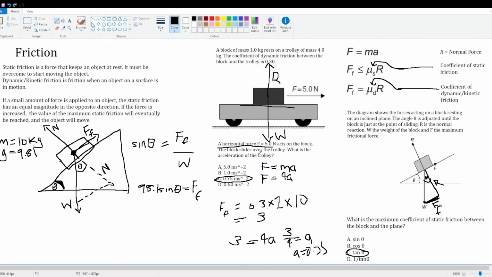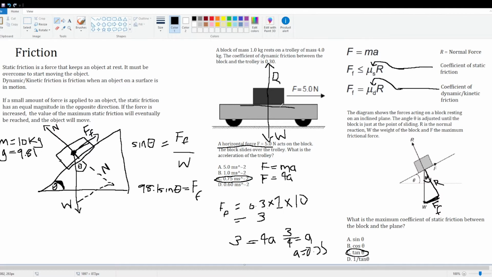The key part to this question is to know to use the frictional force for F in the equation F equals ma. The reason we would use that is because when the block is pushed forward with a force of 5 newtons, there's going to be a frictional force in the opposite direction for the block, but a forward direction for the trolley. So it'll be in the same direction as the 5 newton force.